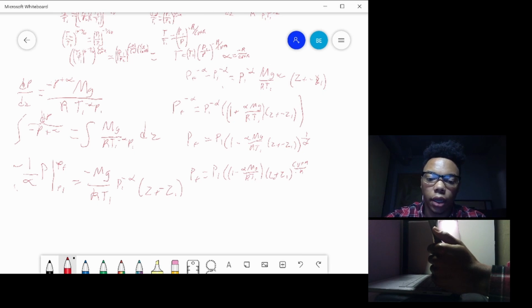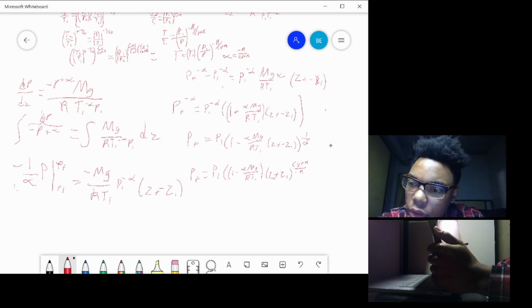All right, and so now that we have everything, just so that no one gets confused here, alpha was always equal to R over CV plus R, and 1 over alpha made that exponent.